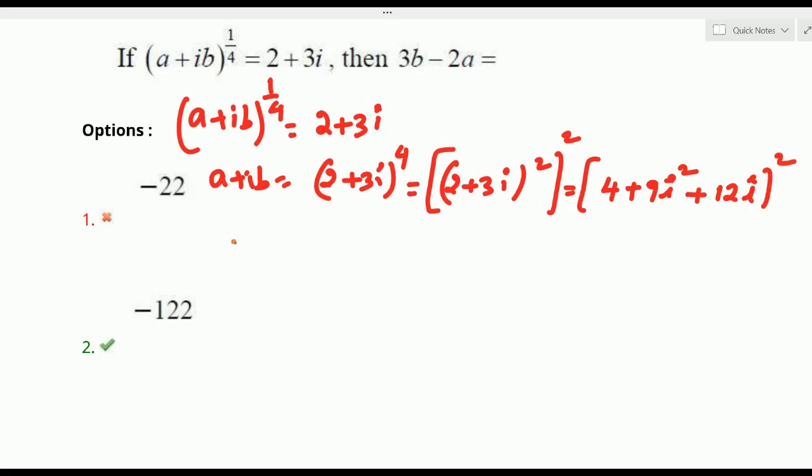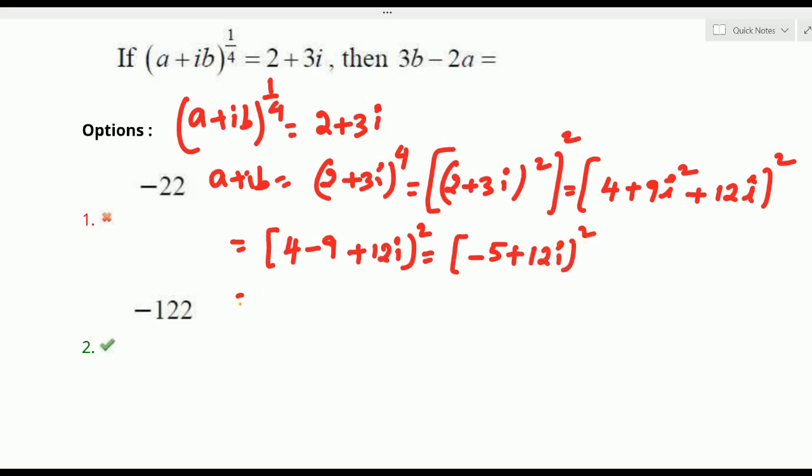Further simplification, you know well, i square is minus 1, so 4 minus 9 plus 12i. 9 into minus 1 is minus 9. Further, 4 minus 9 is minus 5 plus 12i, whole square. Again further, minus 5 whole square is 25, plus (12i) whole square is 144i square.